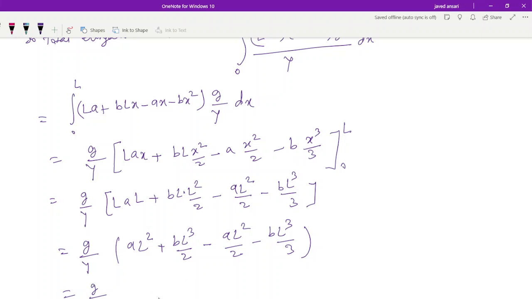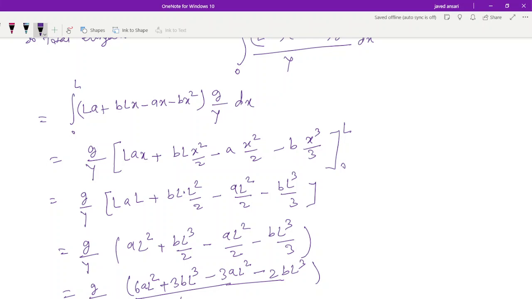G by y, let's take the LCM of 2 and 3, it will become 6. 6 A L square plus 3B L cube minus 3 A L square minus 2B L cube is equal to G by 6y. 6 A L square minus 3 A L square will become 3 A L square. 3 B L cube minus 2 B L cube will become B L cube.